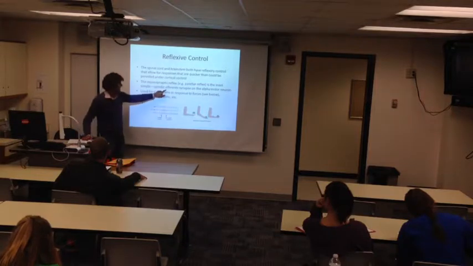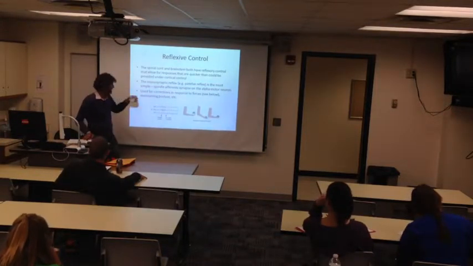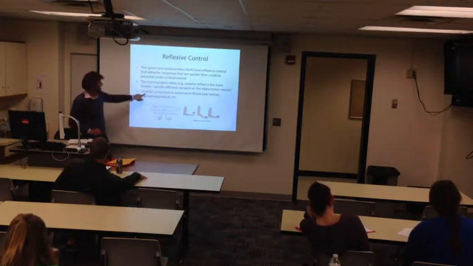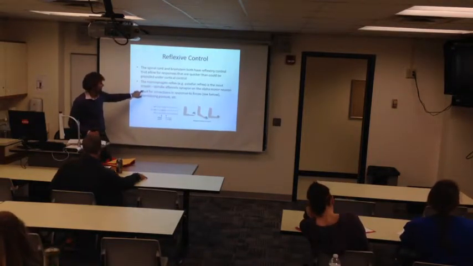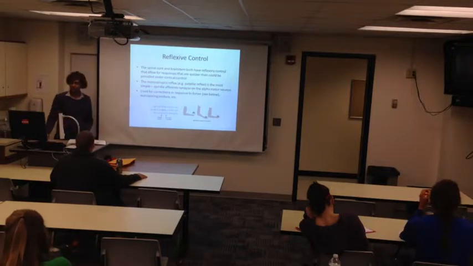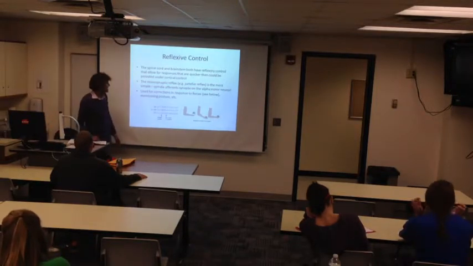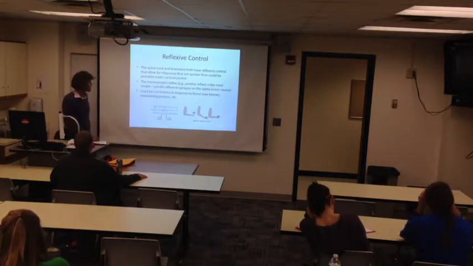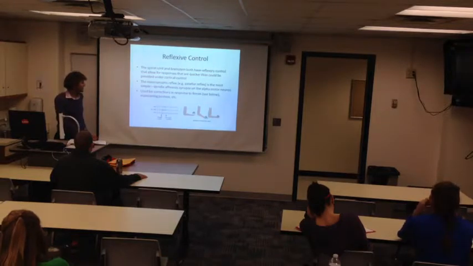The spindle has an afferent that's going up towards the spinal cord. It synapses back on the alpha motor neuron, the same one that's going out to the extrafusal fibers of the same muscle. And so this is used to correct for responses to forces.